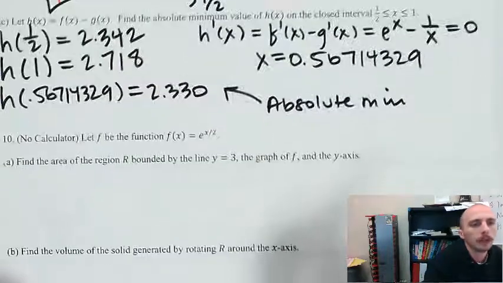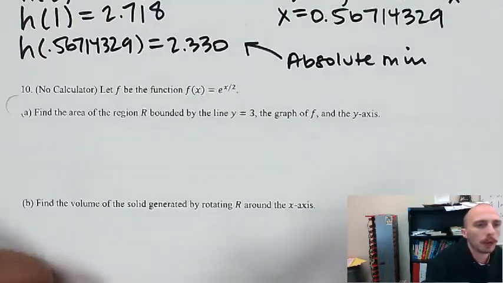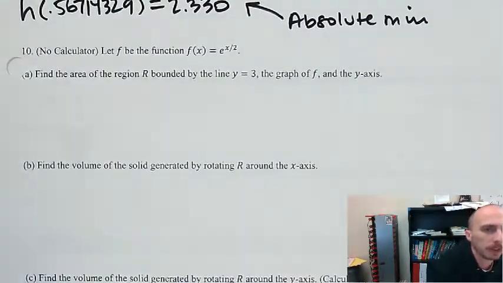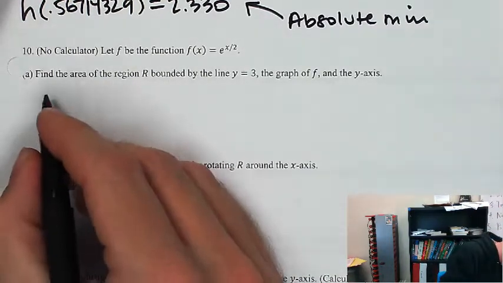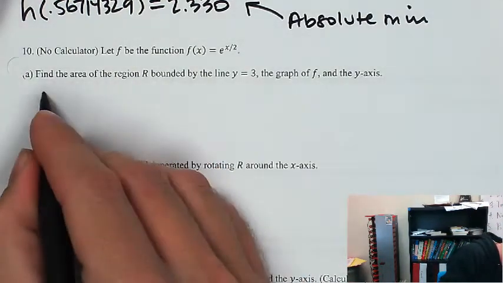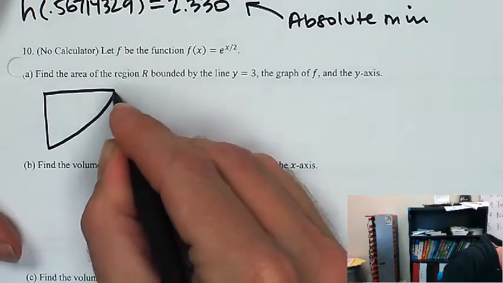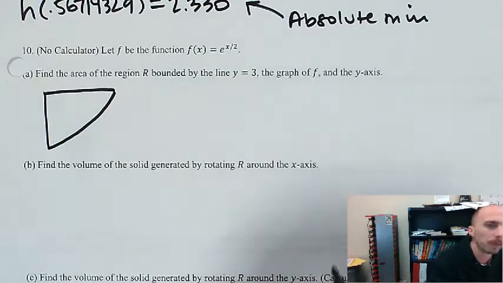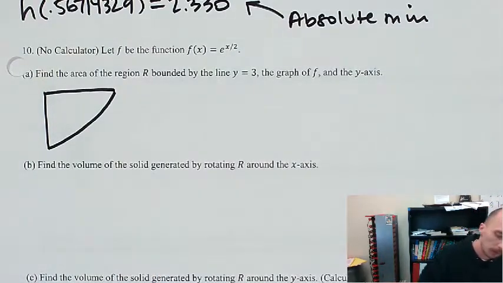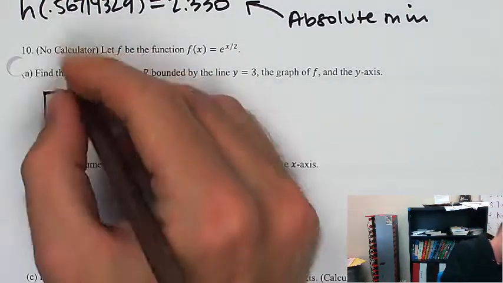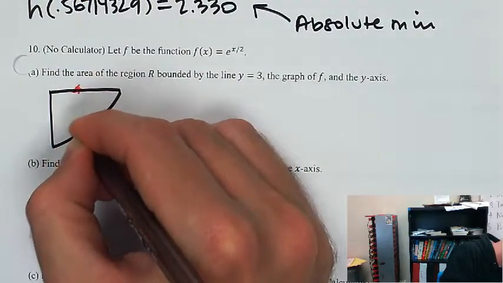We're happy. All right, now we're going to let f be the function f equals e to the 1/2 x, y equals 3, f, and the y-axis. Okay, we can do that. Okay, y-axis, y equals 3, e to the x over 2. And so I'm going to integrate top minus bottom to find the area.